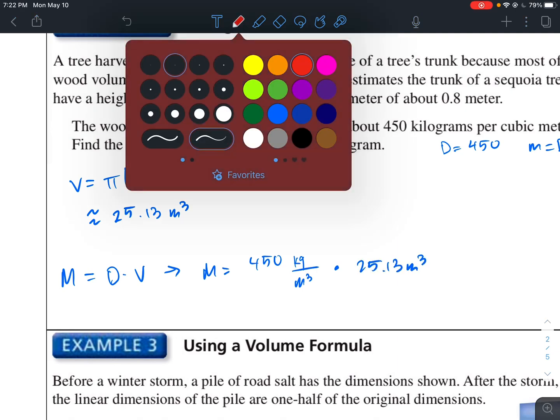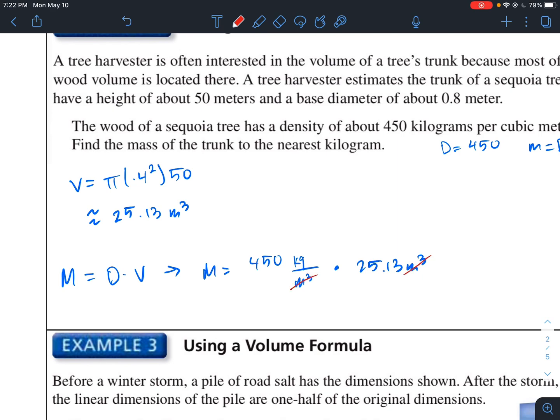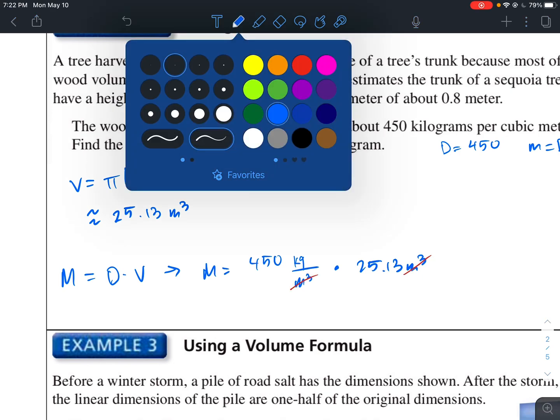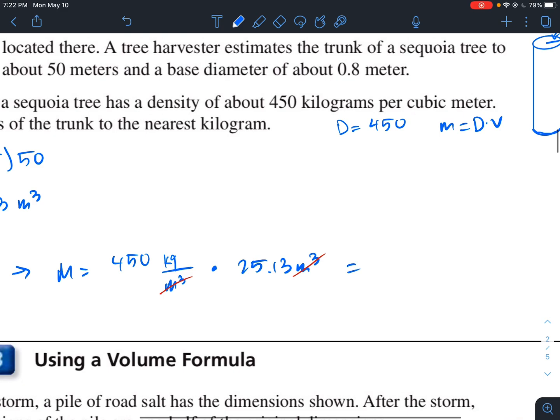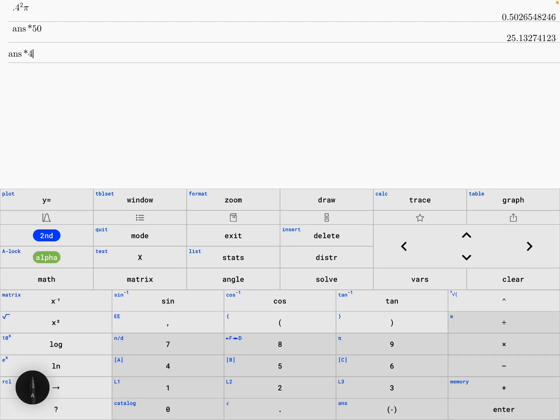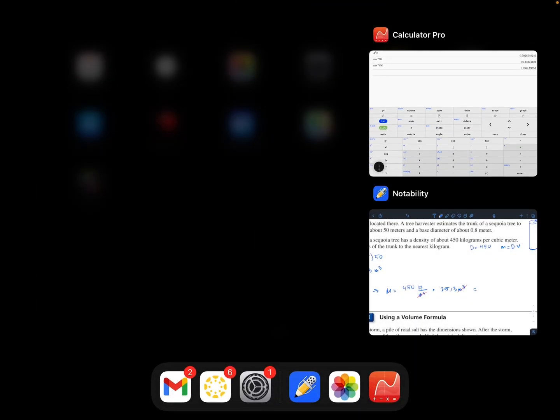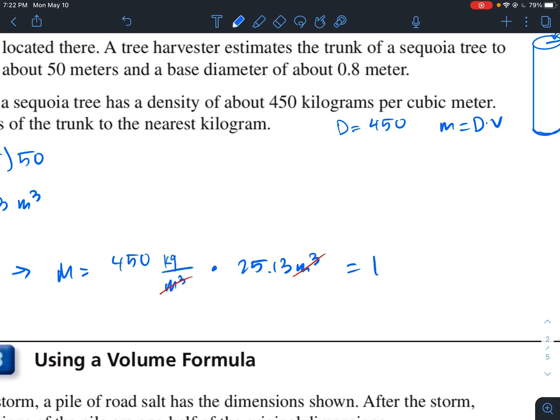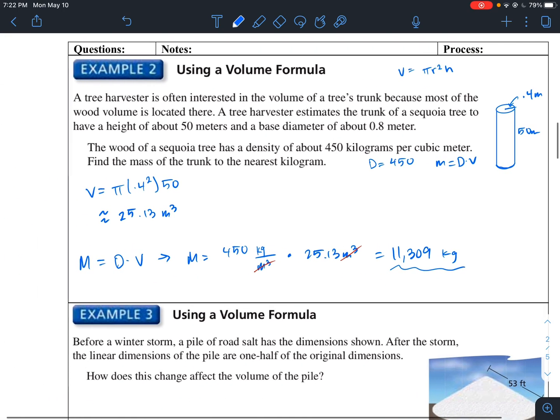The units for meters will cancel, leaving us with kilograms. And 450 times this, I get 11,309 kilograms. So that's the mass of this trunk.